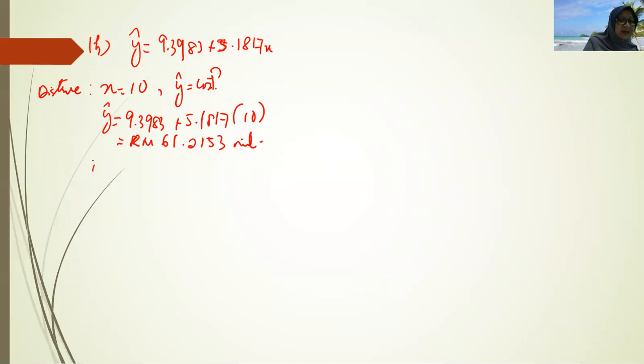In I, you need to predict the distance when the cost is 10 million. Cost is y, so what is x? We want to find the distance when the cost is 10 million.